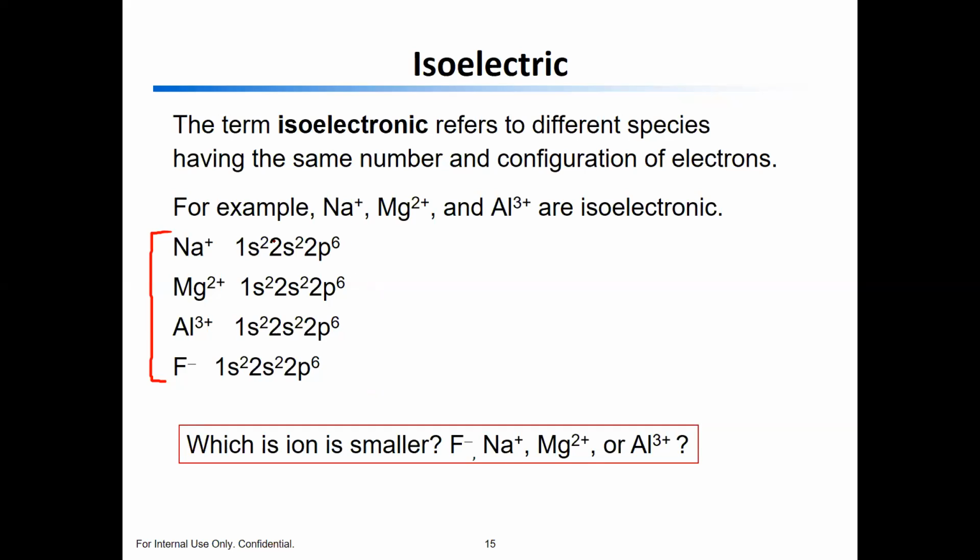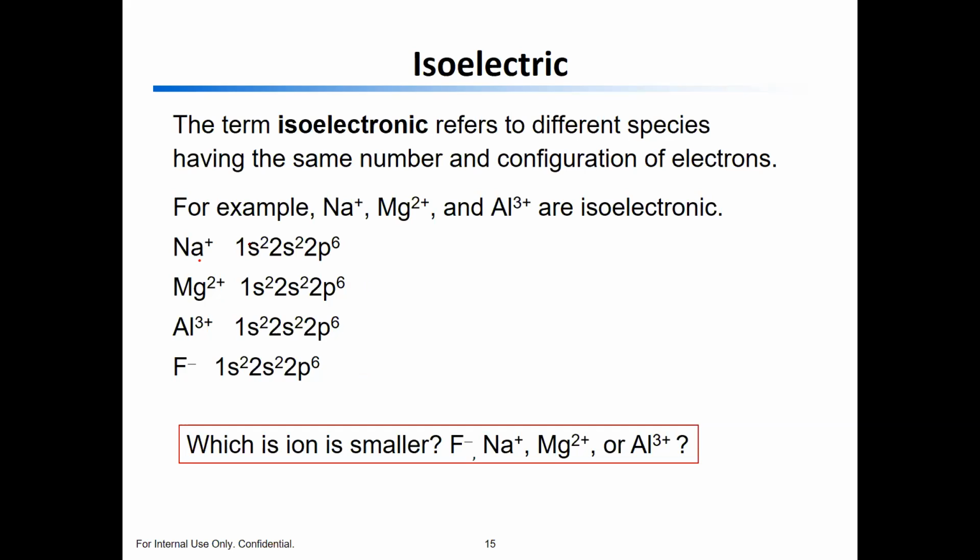How can they all have the same number of electrons? Because look at this. The identity of the atom doesn't depend on the electron. The identity of the atom depends on the number of protons, right? If I just add electrons or subtract electrons, I could have a different electron configuration for each atom.